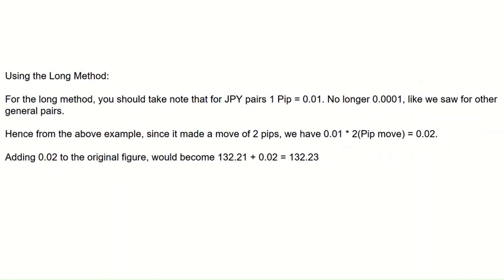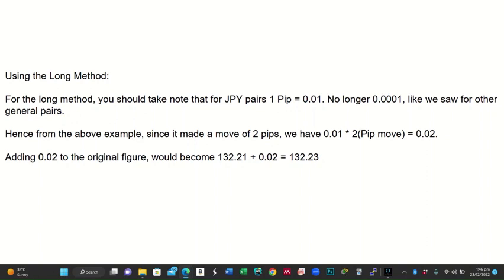So 2 pips multiplied by 0.01, which is the standard value for each pip movement, will give us 0.02. So if we add 0.02 to the original figure, it will become 132.21 plus 0.02, then it will give us 132.23. I hope you get this now.